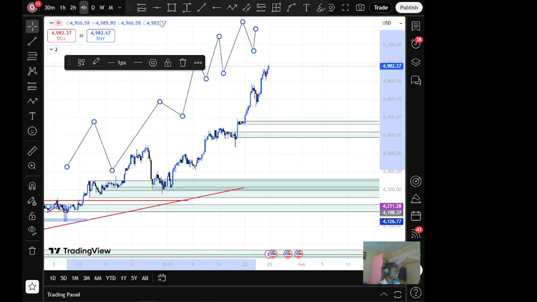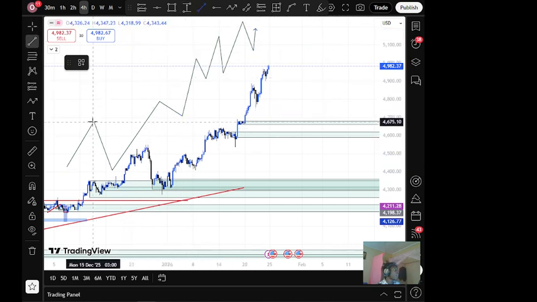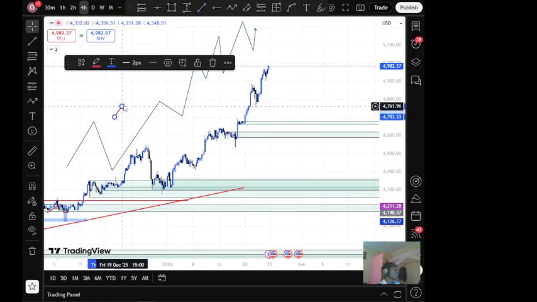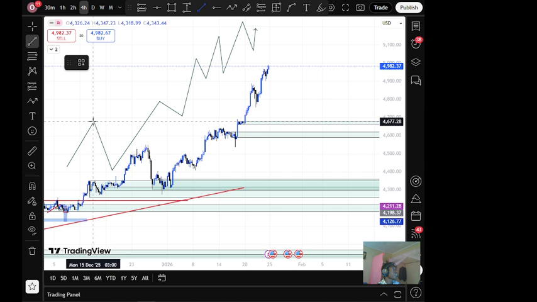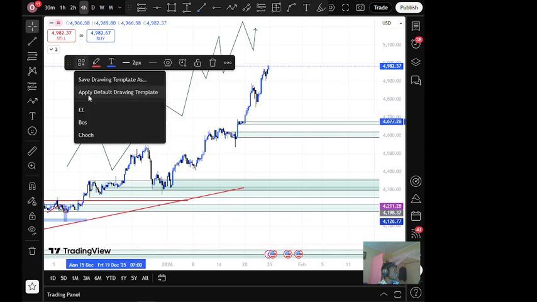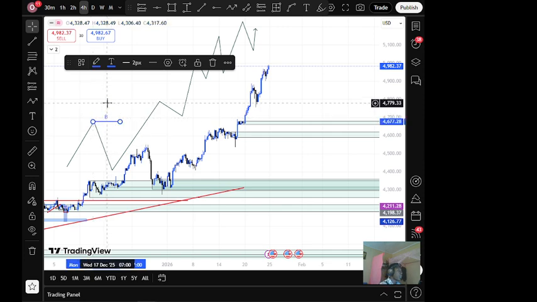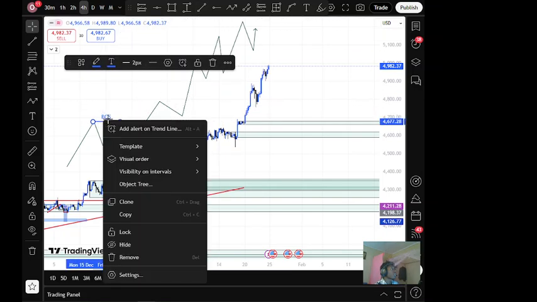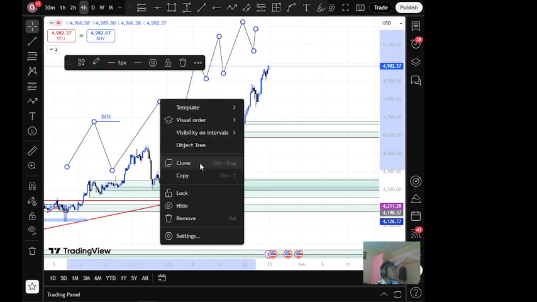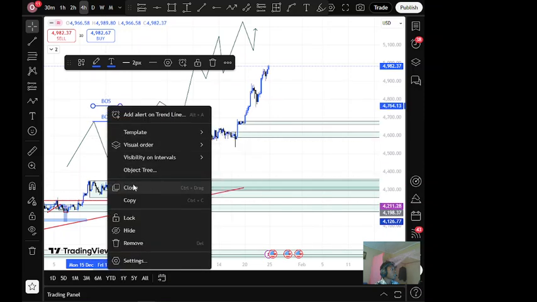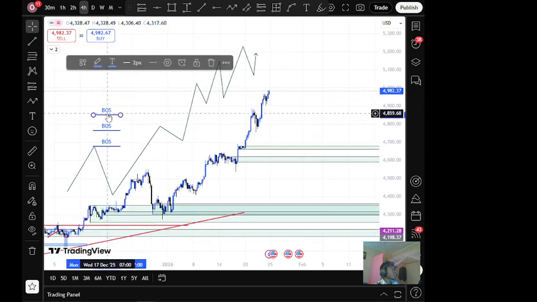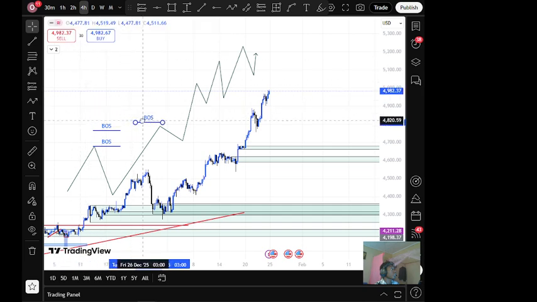Those who do SMC can say that the market is breaking structure. Sorry, guys. This thing is kind of a break of structure, BOS. Also this one. So this one, you can put it here.